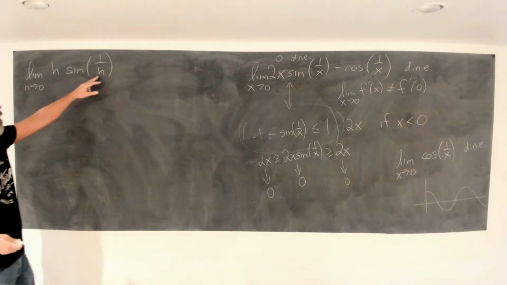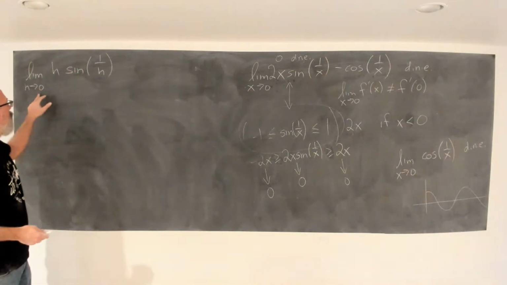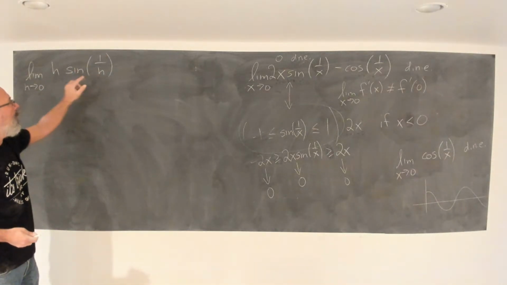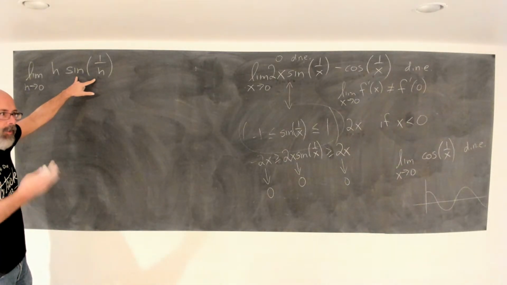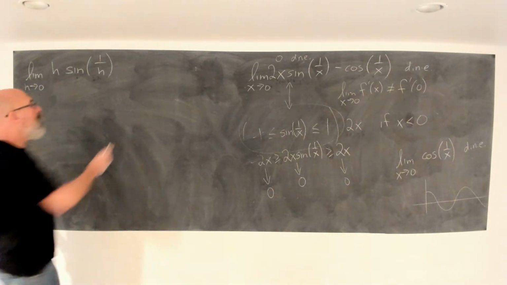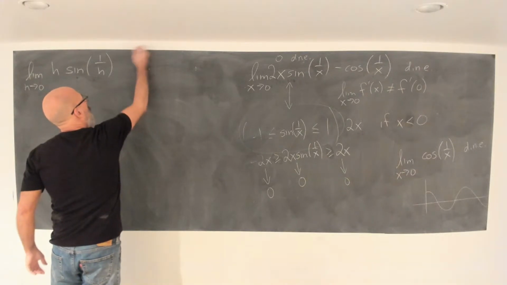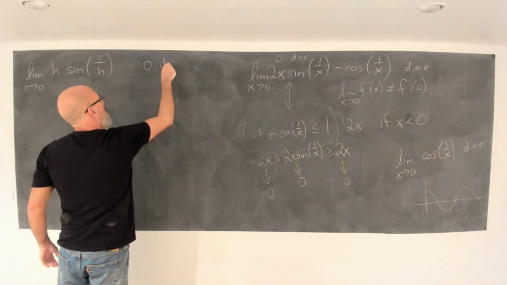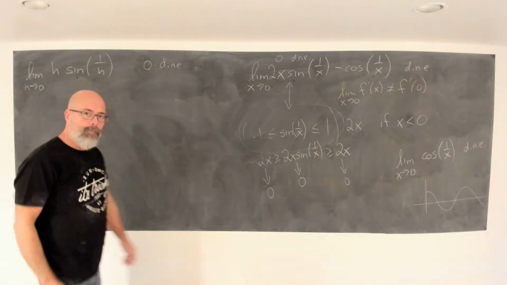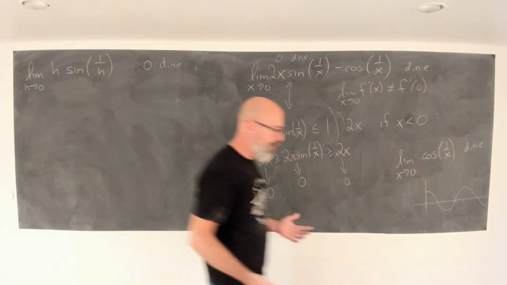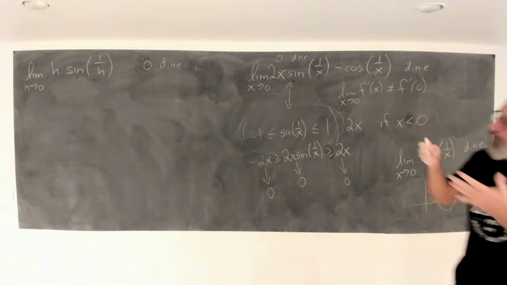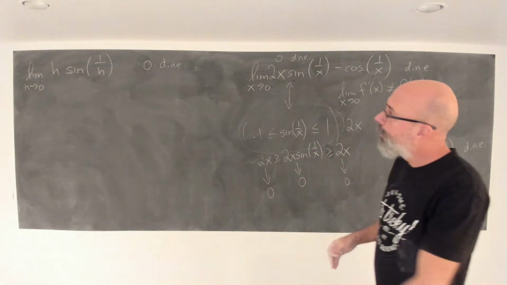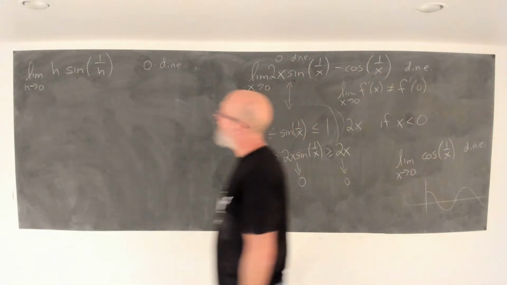Plug in 1 over h. As h goes to 0, this is going to be some sort of infinity. Sine of either positive or negative infinity does not exist. So this has the form 0 times does not exist. Who knows what happens then? But we're hoping that the 0 is strong enough to make everything be 0.